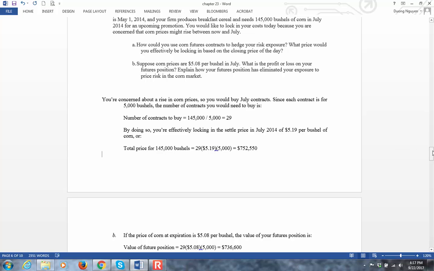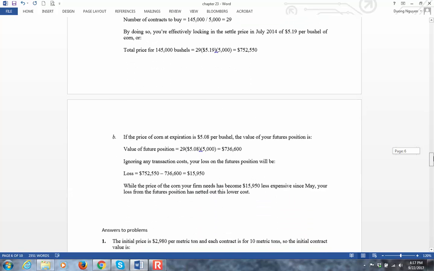Suppose the price of corn in July is 508, which is smaller than 519. So the value of the futures position is 29 times 508 times 5,000, equal to 736,600.